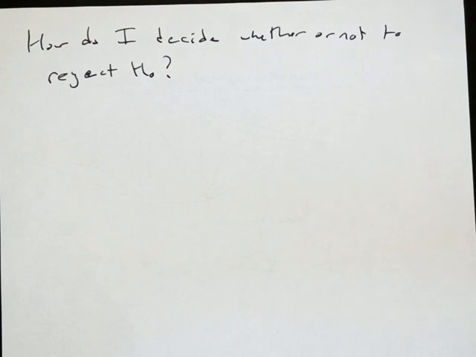What I'm really saying is that the mean that I find in my sample is too far away from the expected, theorized mean in my null hypothesis for me to be confident in my answer.